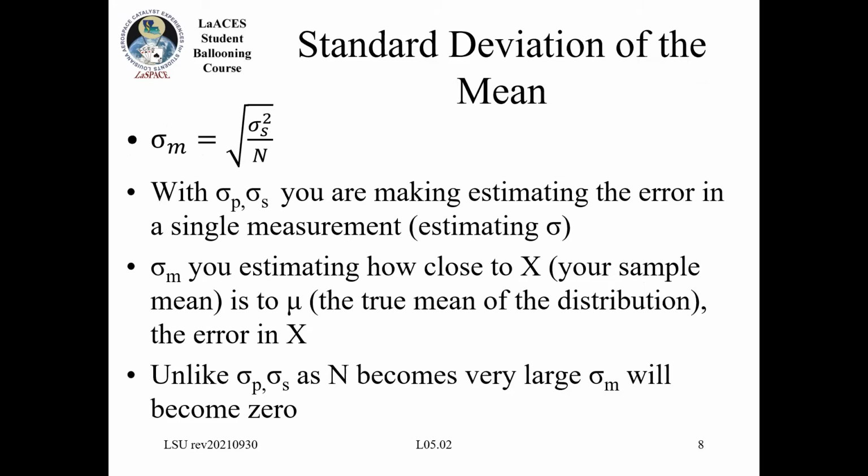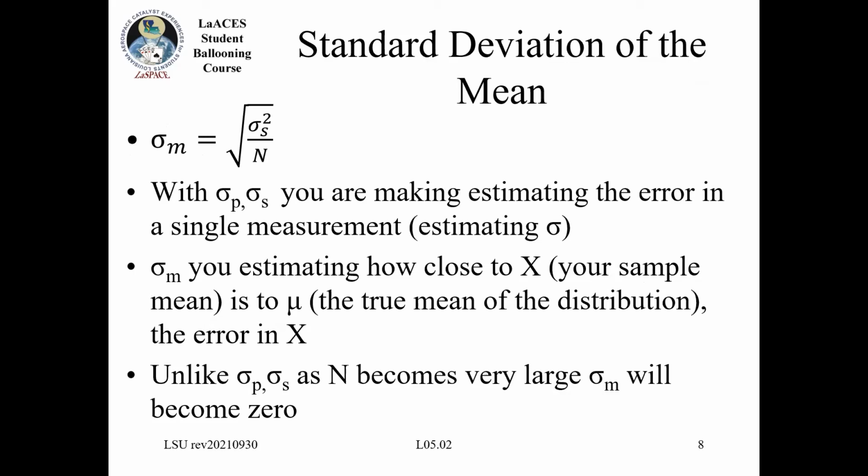And then finally, the third standard deviation that you'll run into, and this is one you probably want to be using in your report, is the standard deviation of the mean, right? So for the other two standard deviations, you're estimating how wide that distribution is.